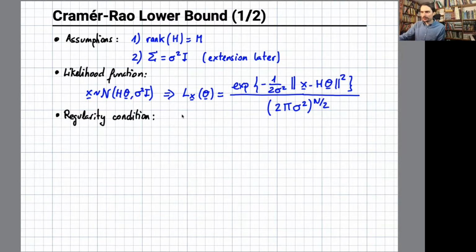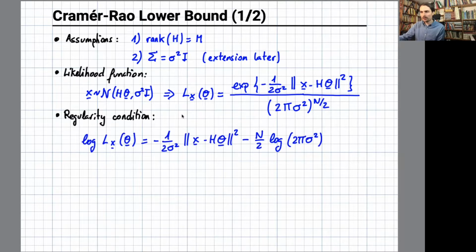The Cramer-Rao lower bound theorem requires that the regularity condition holds, right? The expectation of the gradient of the log likelihood function must be 0. So let's check if this condition holds.